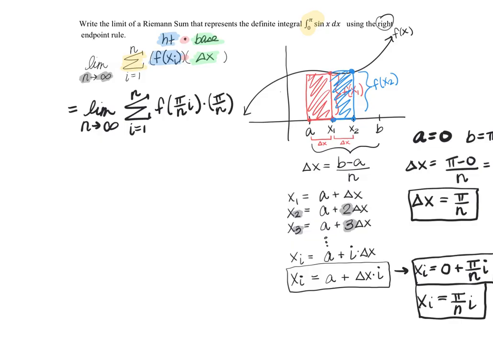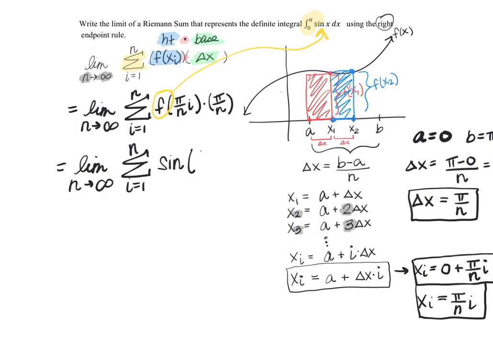And then the last thing that we need is to determine the actual function. We know that the function is found right here in our integral. The function was sine of x. So we have the limit as n approaches infinity of the summation from i equals 1 to n. And rather than f of pi over n times i, we input that pi over n times i into our sine function. So it will be sine of pi over n times i.